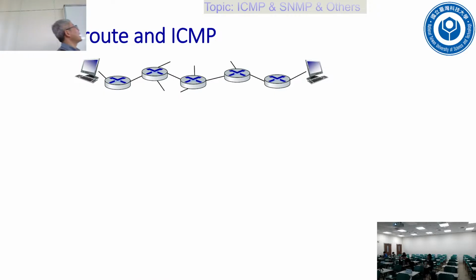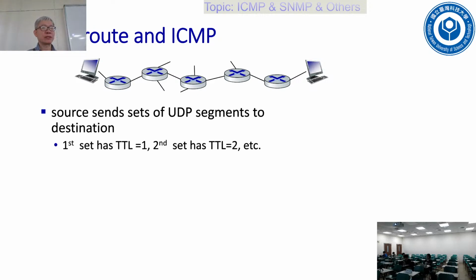ICMP can provide you error reporting and something else, but we want to use the current example to let you know we can use traceroute along with ICMP messages. Traceroute, from chapter 1, sends probing messages. The source sends three UDP segments to the destination.